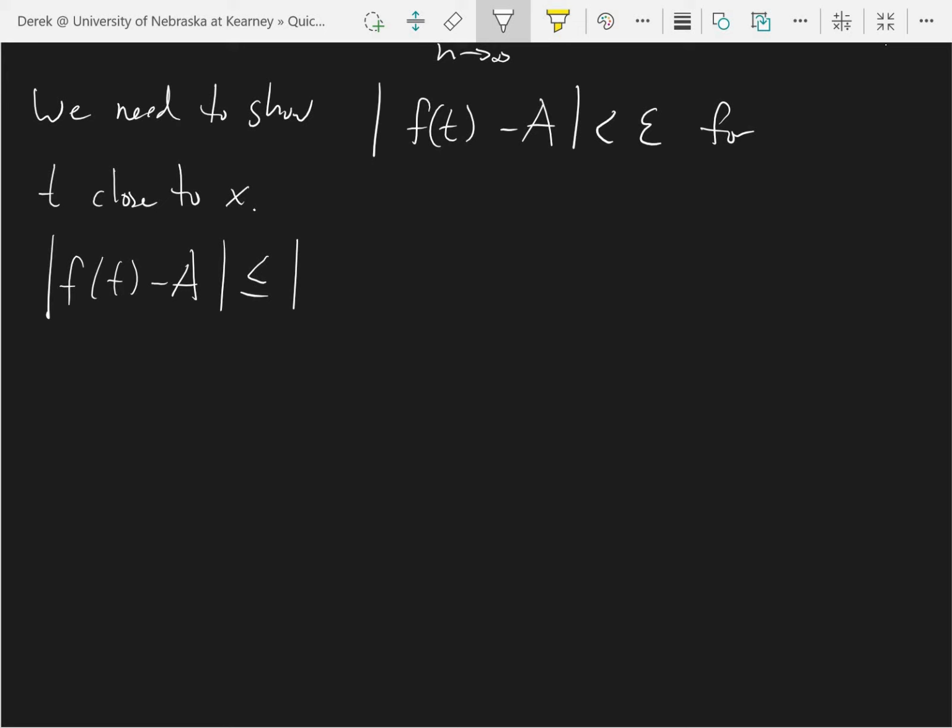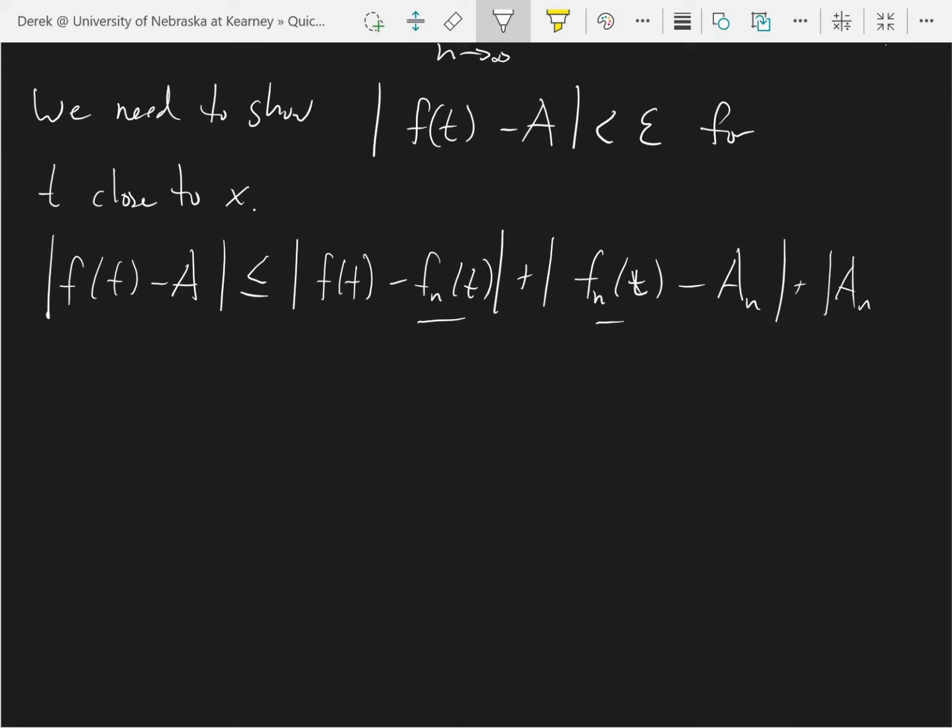So I've got f of t, and I'm going to add and subtract f sub n at t, and add and subtract a sub n as well, and then minus a.